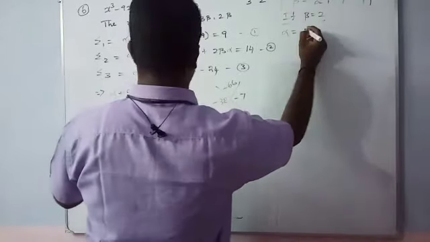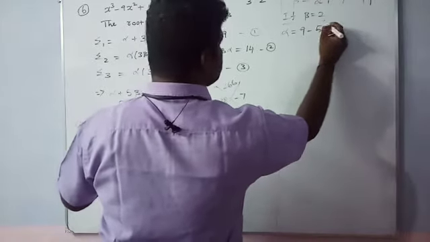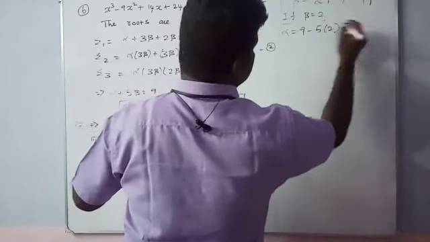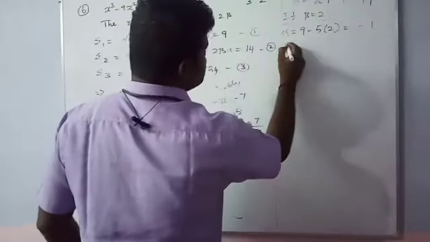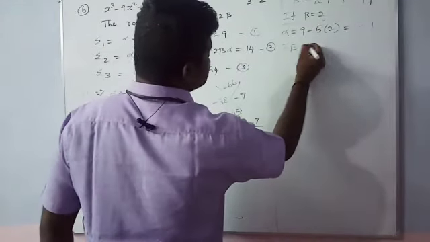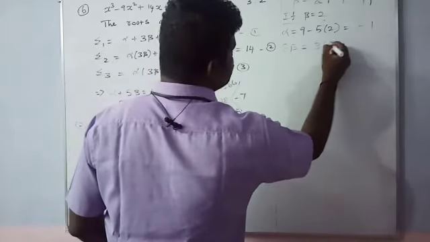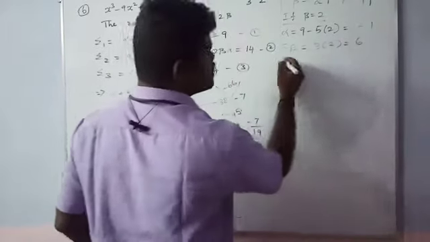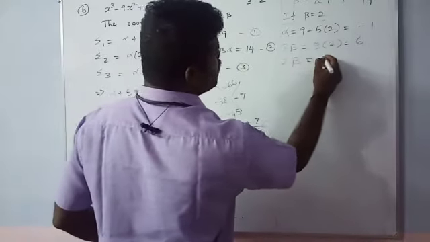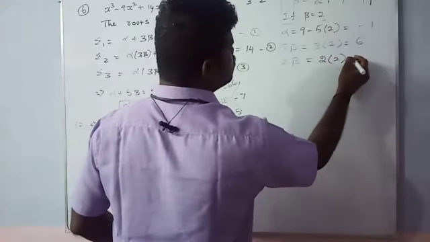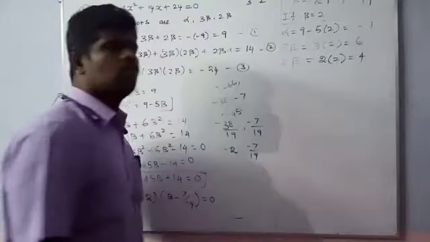Alpha equal to 9 minus 5 into 2, which is 9 minus 10, minus 1. And 3 beta equal to 3 into 2 is equal to 6. And another root is 2 beta, 2 into 2, equal to 4.